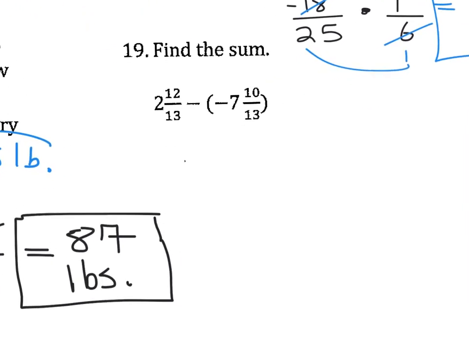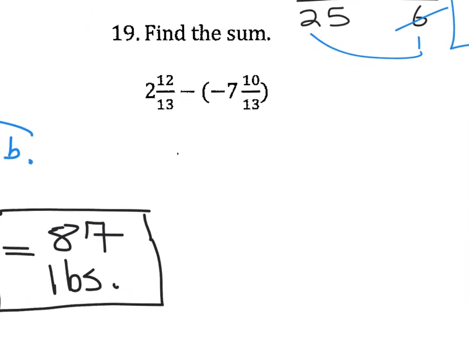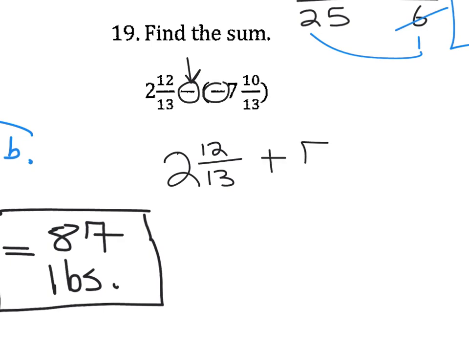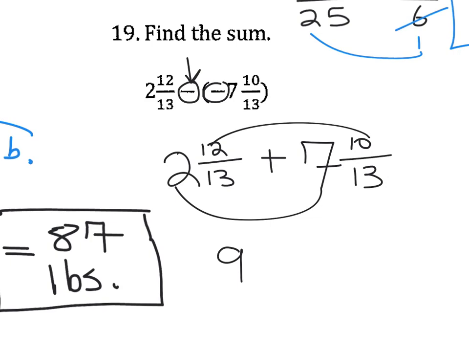All right, for this last one, we are going to do KCF to start because we have subtraction. So I would have 2 and 12 over 13, keep, change the minus to plus, and flip the negative 7 and 10/13 to positive 7 and 10/13. Now I'm going to add 2 plus 7, which is 9, and 12 plus 10, which is 22 over 13.